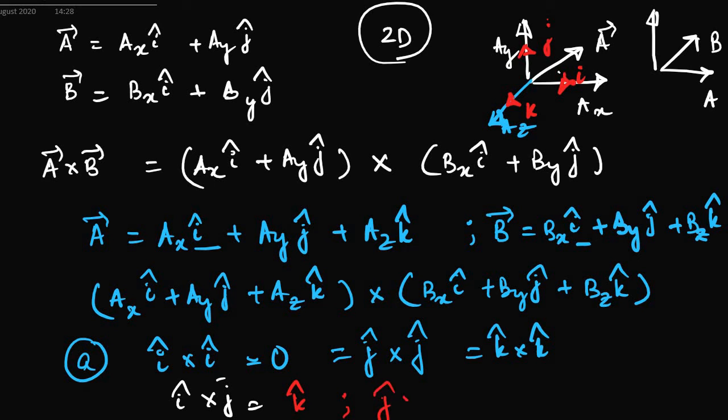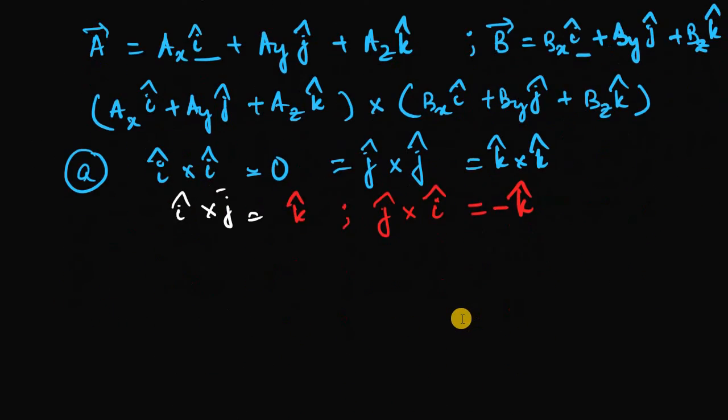Again, j cross i will be minus k. You must understand these things because this is very important to know when we are talking in a cyclic manner like this: i, j, k. So from i to j it is cyclic in a clockwise manner. j to k it is cyclic. k to i it is again cyclic.